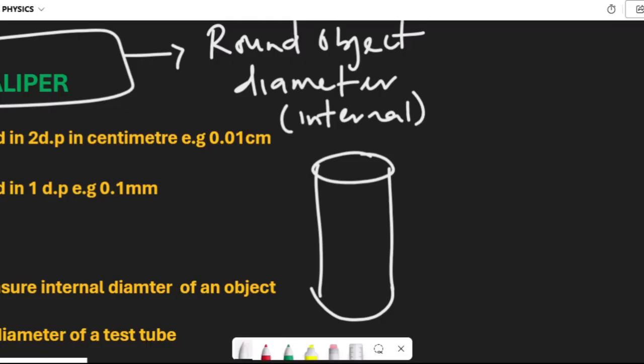So if you look at the test tube, at the open area here, you can try to get the diameter. So with the help of the vernier caliper, it can help us to measure the diameter of a test tube. So majorly, we make use of the vernier caliper to measure any internal diameter of any cylindrical object.